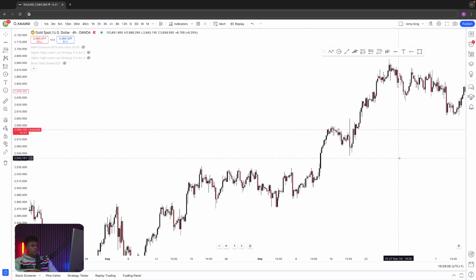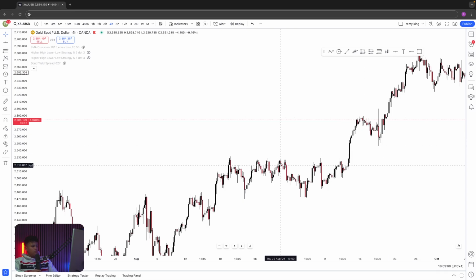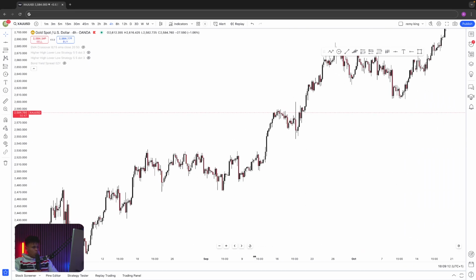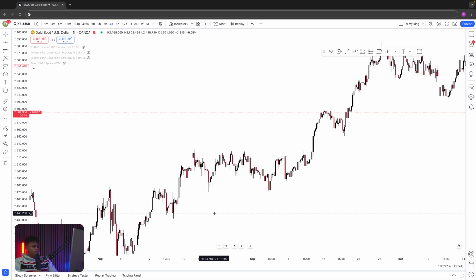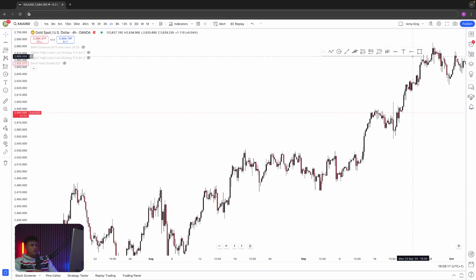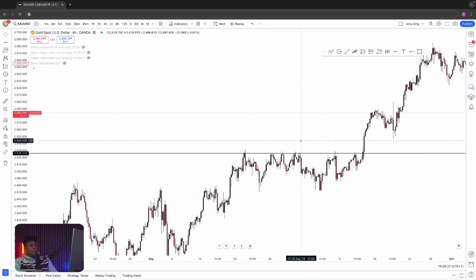So let's start right here. As you can see, we are on a 4-hour time frame. What we need to do is look for resistance opportunities, areas where we can see strong resistance. Boom, right here, this would be a perfect example of a strong resistance area.